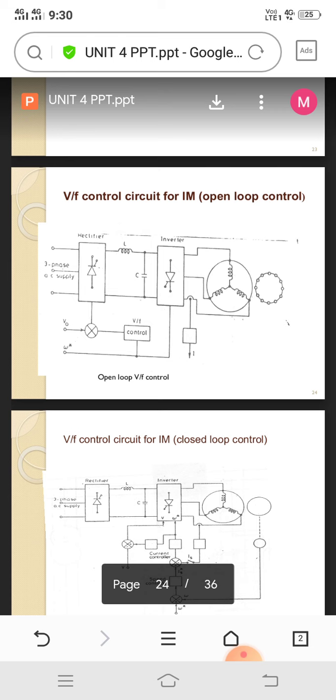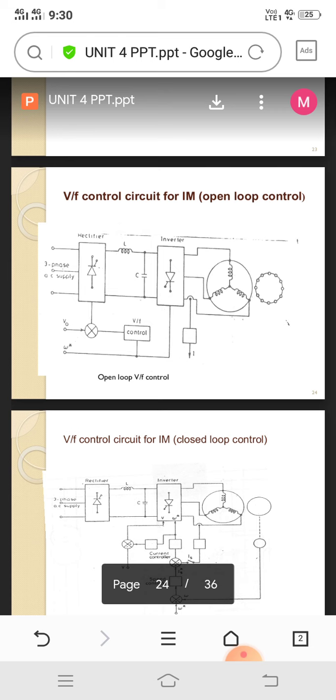This is a sequential process that we call switching sequences. According to these switching sequences, the firing pulses reach the particular switches. After the SCRs get the firing pulses, they automatically allow the three-phase AC supply in a controlled manner.